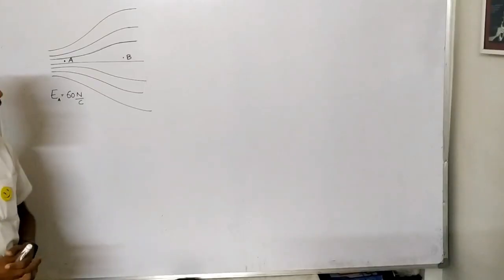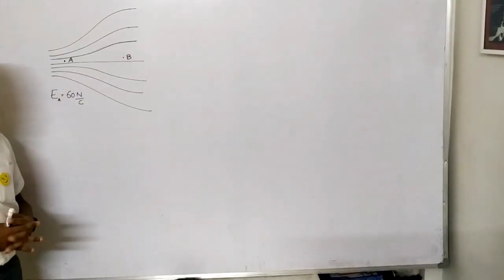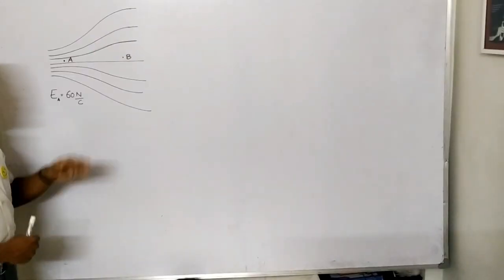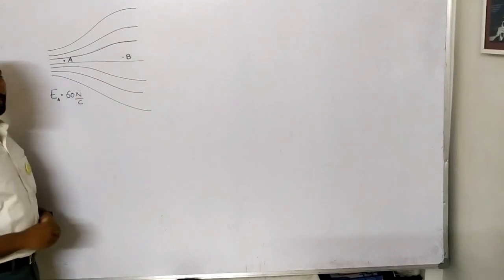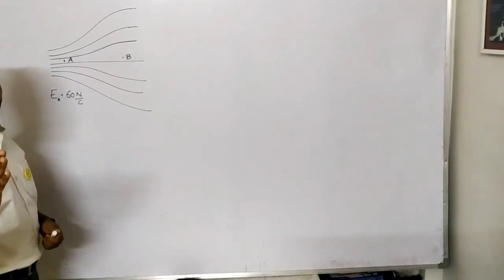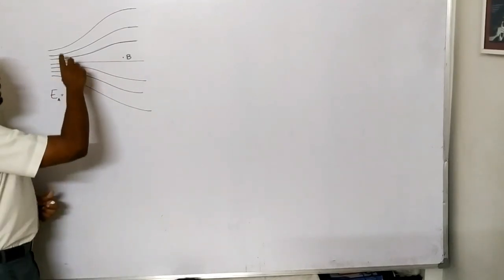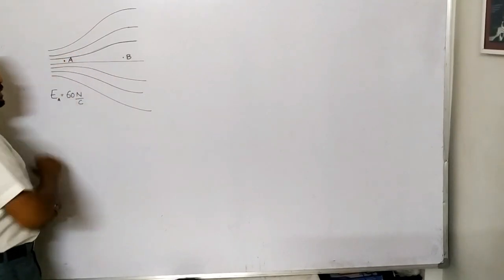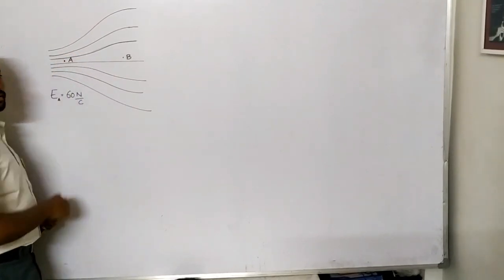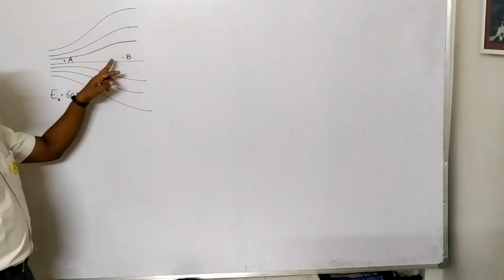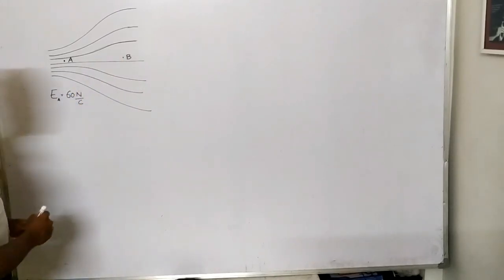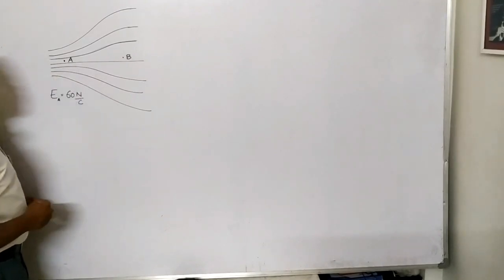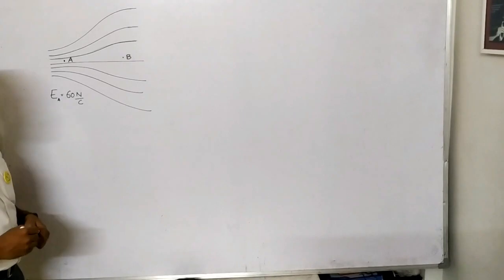Friends, in this problem, they gave that this is an electric field and there are 2 points A and B. In the question they told that the electric field line separation at point A is half of the electric field line separation at point B. And they also gave that the electric field at point A is 60 Newton per Coulomb.